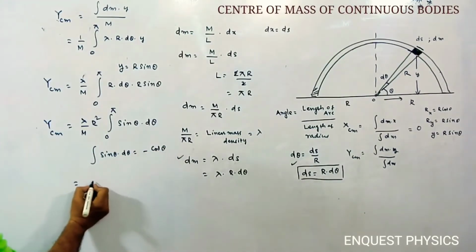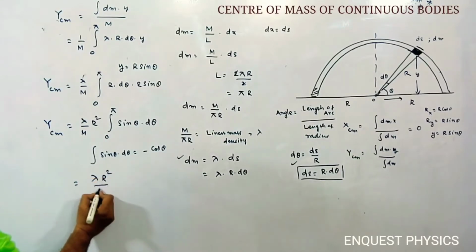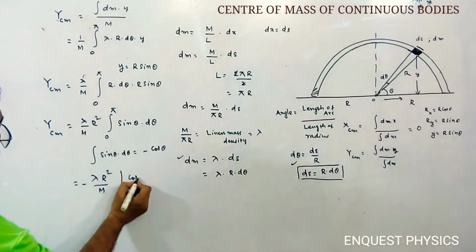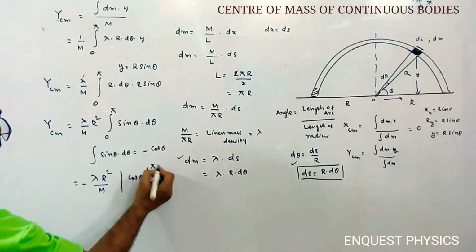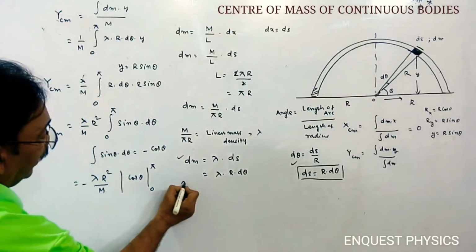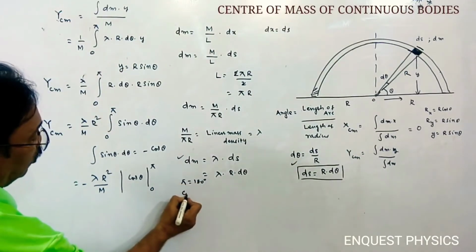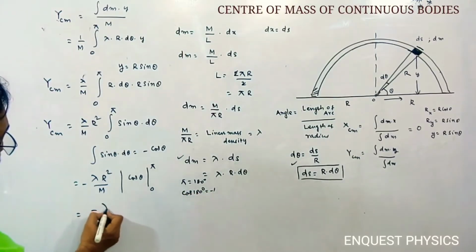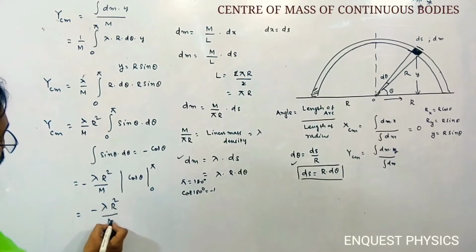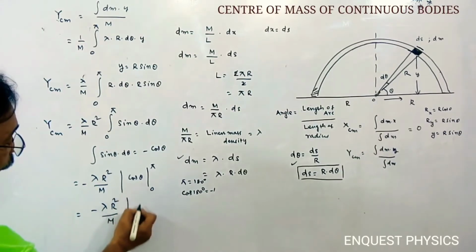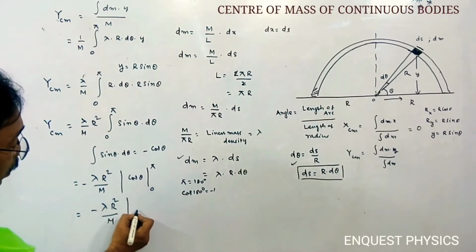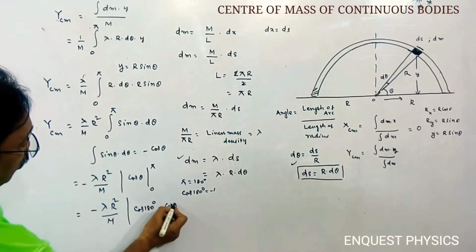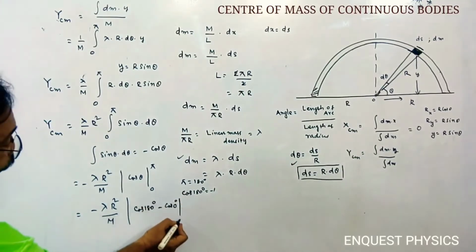Then it can be written as lambda r squared by m, minus of cos theta under the limits 0 to pi, and you know that pi is equal to 180, that is cos 180 is equal to minus 1. That means cos 180 minus cos 0.